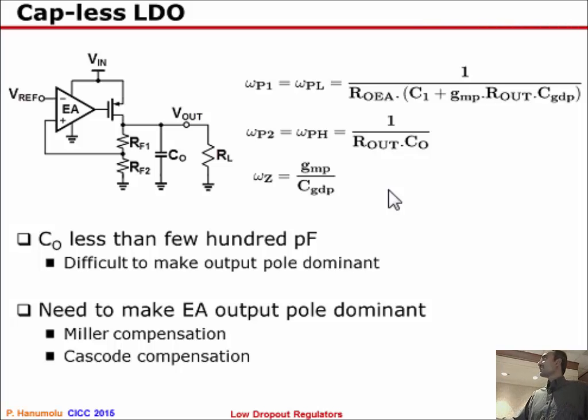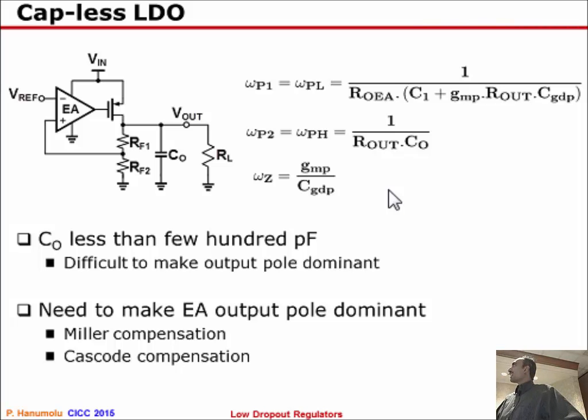So since C0 is internal to the LDO, typically its value is a few hundred picofarad for area reasons. So once you change the output capacitance from a few microfarad to a few hundred picofarad, we'll have to think about stability slightly differently, because now the pole at the output of the error amplifier is, if not way smaller, comparable to the pole at this node.